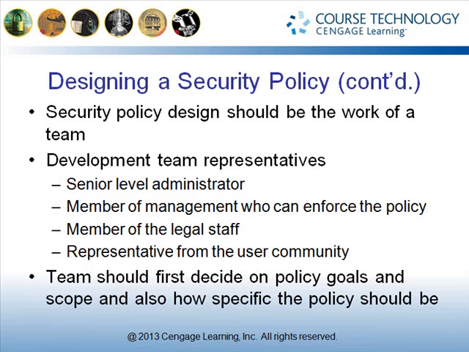The scope really should be a statement about who is covered, and it should include a goals outline about what the policy attempts to achieve. The team may also decide on how specific to make the policy. A statement regarding mandatory vacations could indicate vacations must be taken by employees, or could indicate how frequently vacations are to be taken.